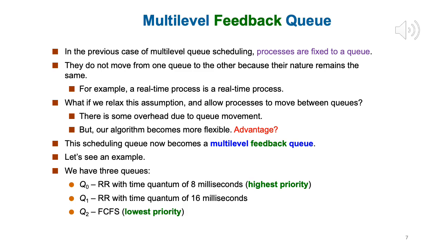Multi-level feedback queue scheduling is on page 215, and then on 216 we have figure 5.7, multi-level feedback queues. So here we see 3 queues. Top one, it says quantum is equal to 8. Middle one, quantum is equal to 16. Bottom one, it says FCFS.